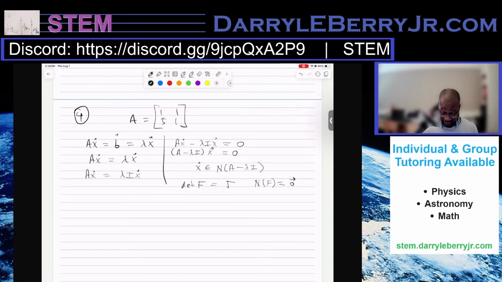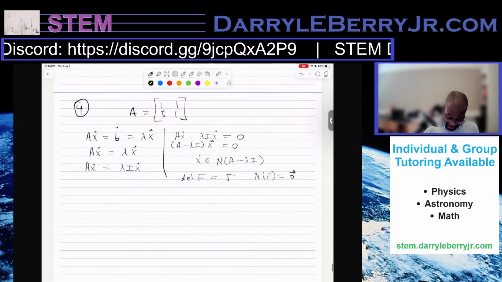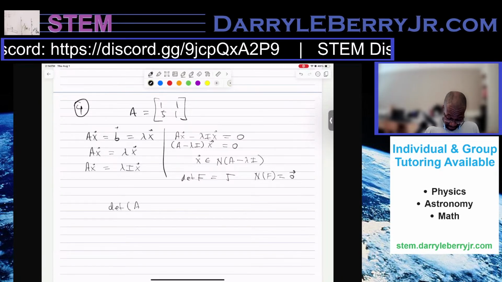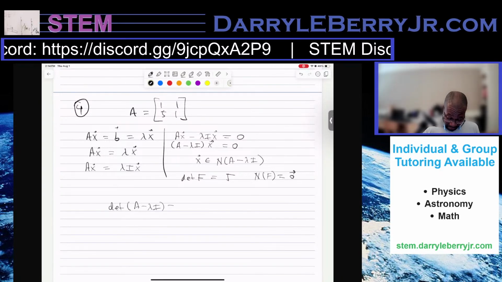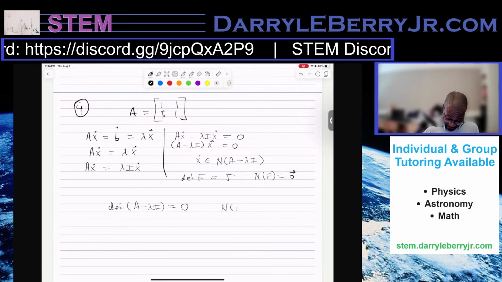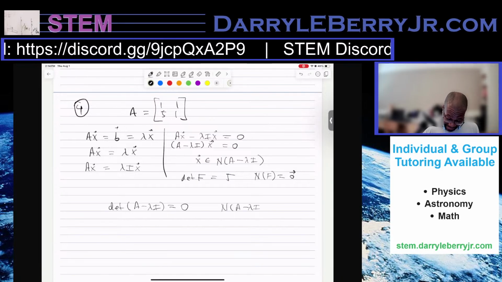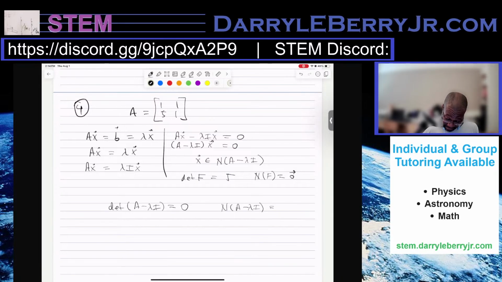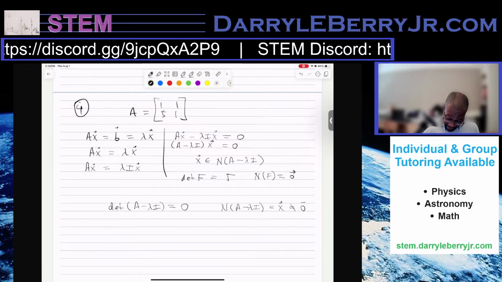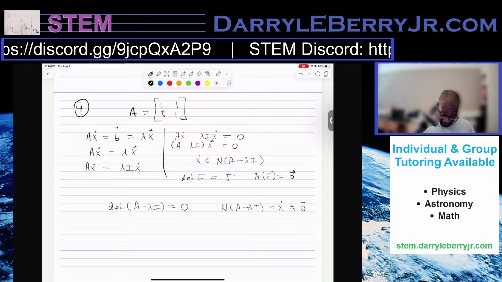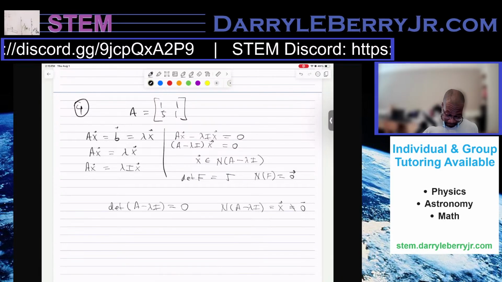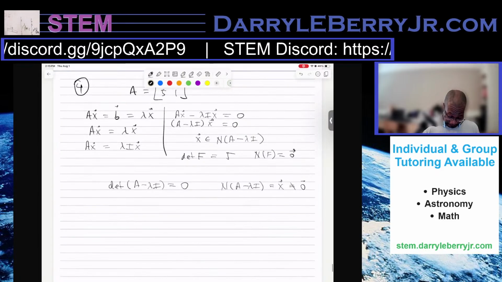We would only get a 0 vector for everything. So what we have to do is make the determinant of A minus lambda I equal 0, so that the null space of A minus lambda I, which is X, equals something other than just the 0 vector. Is that clear? Right? So that's why we do that.